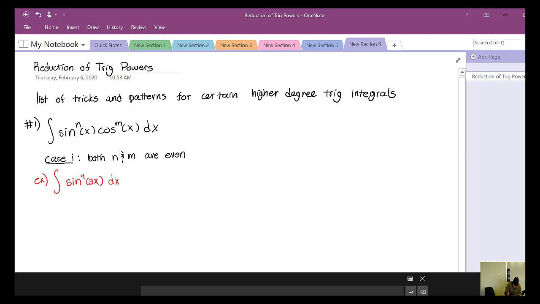In this example, cosine is raised to the 0 power, which does count as even. So in cases like these, does anyone know how you would approach seeing something like sine to some high even power?